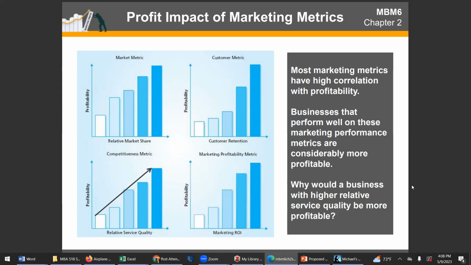So here the slide is a pretty important question. Why would a business with higher relative service quality be more profitable? Well, one way to think about that is as our service quality goes up, you could imagine that profitability would go up because we're retaining customers.